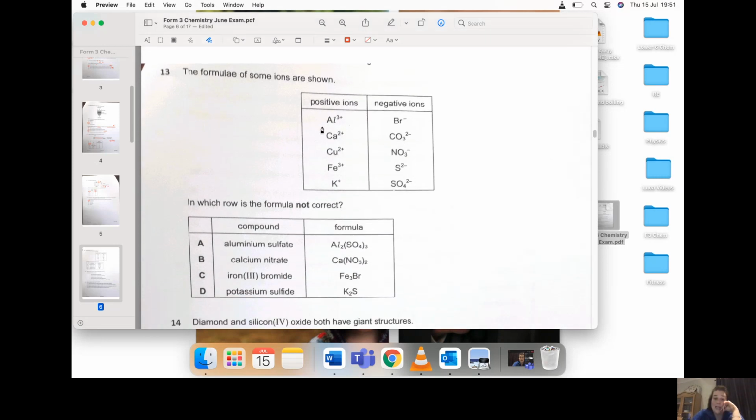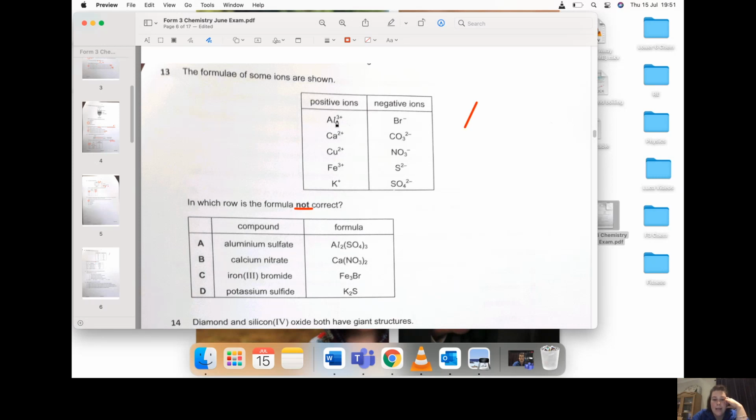Number 13. Right, we've got some formulae of some positive ions and some negative ions. In which row is the formula not correct? The best way to do this is ignore the formulas on this side and write them yourselves first. Then come back and compare. So aluminium sulfate. You look for aluminium.